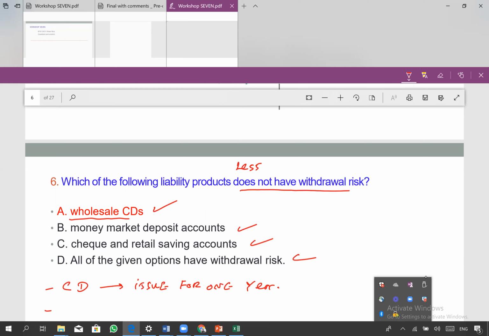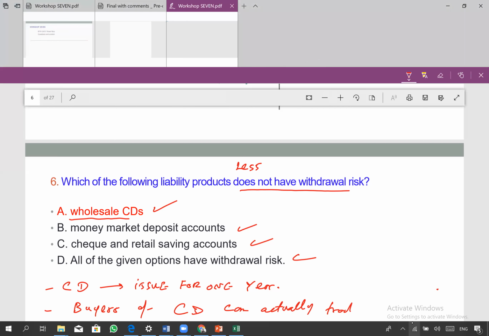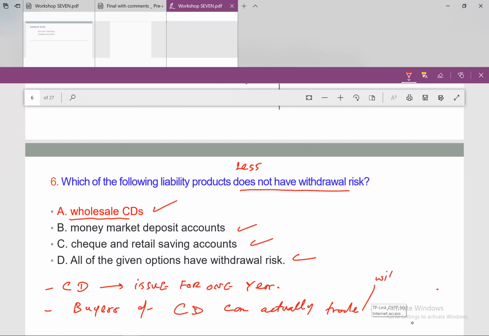And buyers of the CD can actually trade it with other investors, but cannot go back to the bank.